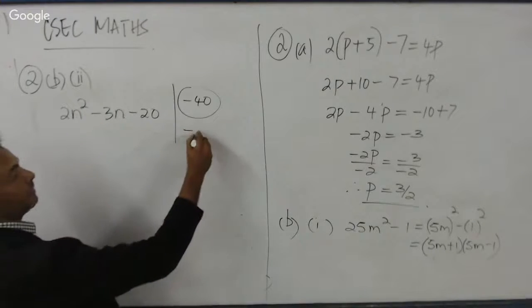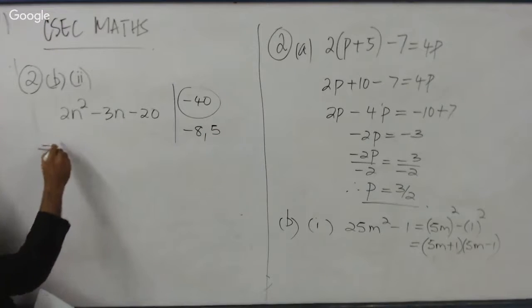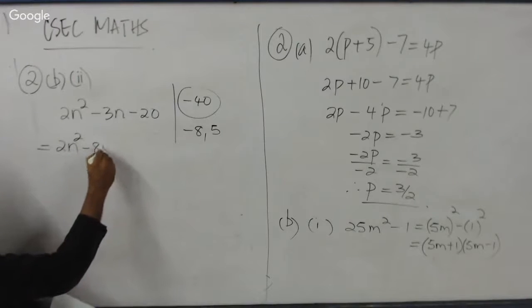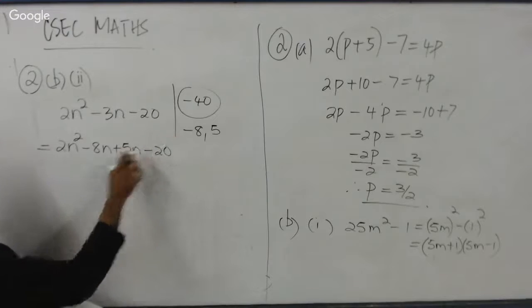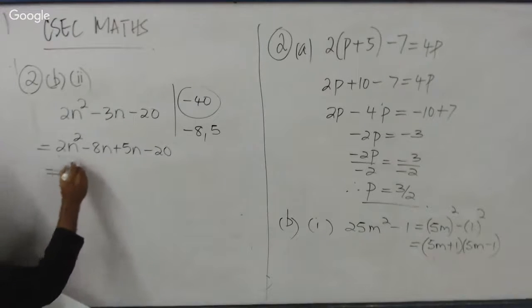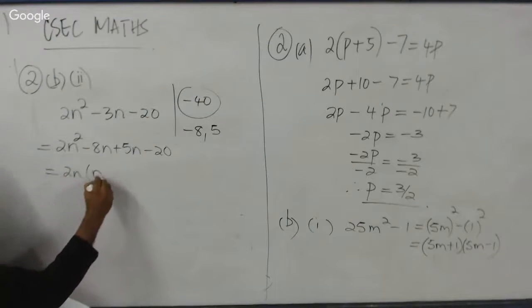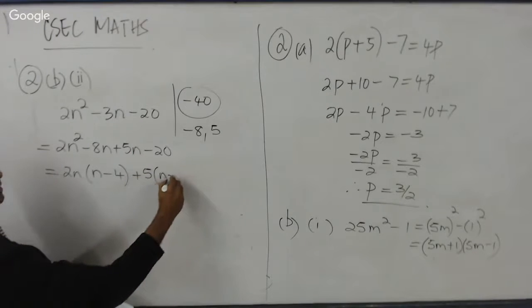So you use negative 8, positive 5. Then you split the middle term according to these numbers to get negative 8n plus 5n minus 20. It doesn't matter which one you put first, 5n or negative 8n. Then you factorize by grouping: 2n, n minus 4, plus 5, n minus 4.